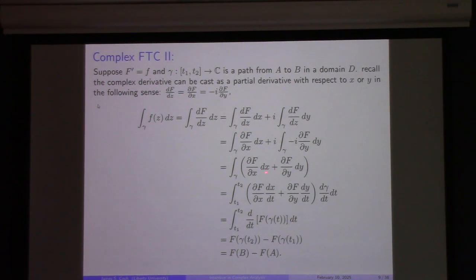So Cauchy-Riemann equations, just writing stuff nicely, and then the definition of the integration, and then going from here to here is the complex chain rule, and then this is just the ordinary fundamental theorem of calculus part 2 adapted to complex valued line integrals.